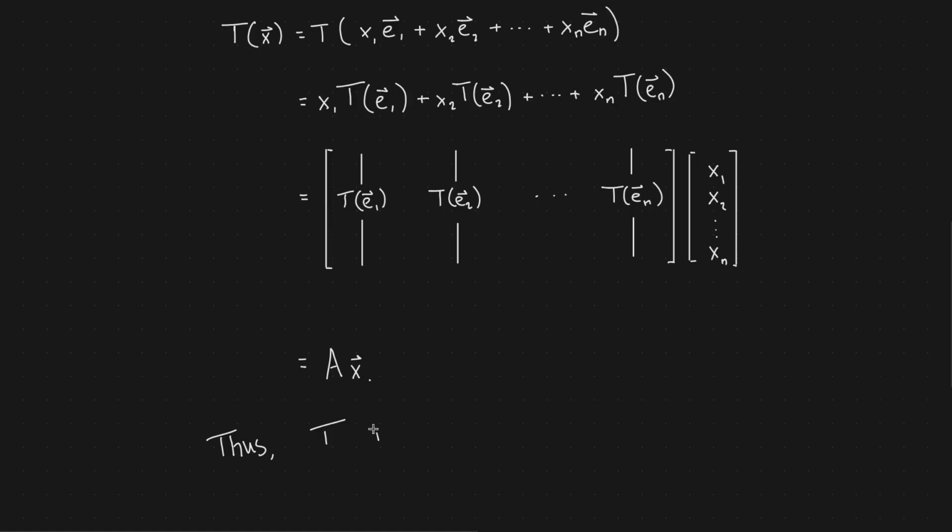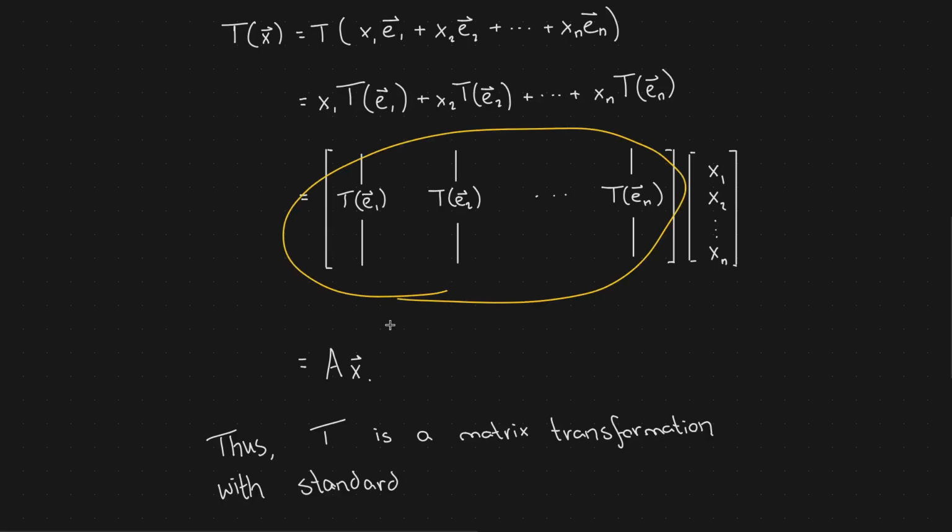Thus, T is a matrix transformation, because the columns of matrix A are just the transformation on the vectors in the standard basis.